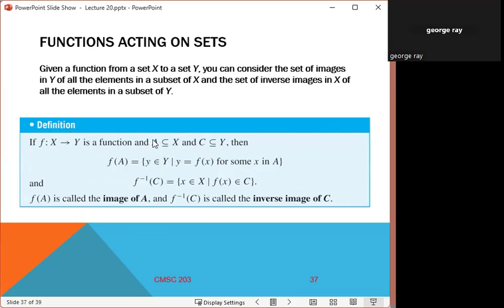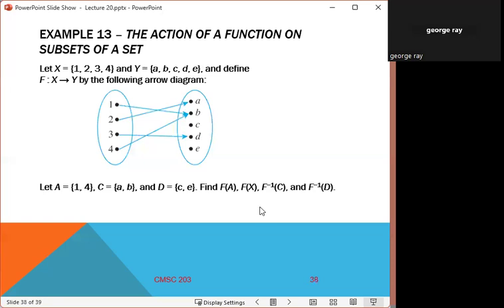And we have a set A that's a subset of X, and we have a set C that's a subset of Y. Then we have the function of A, and that's going to equal this set of y equals f of x for the x in A. And then we have this idea of an inverse image of C, and that's going to be where we have the values in X that map to elements in C.